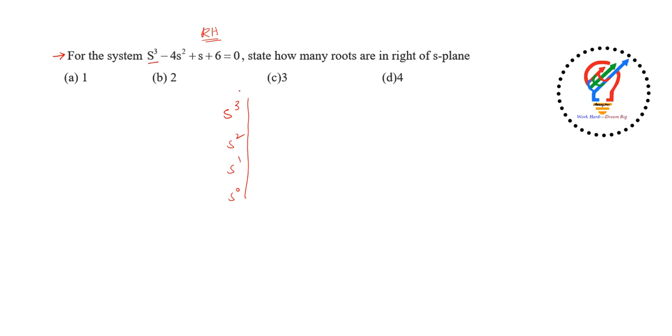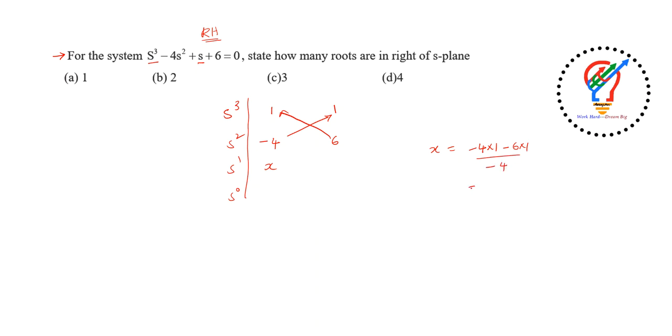So s power 3 first, I will take, so it is 1. Here we take only the odd values, and here we have minus 4, here plus 6. Now we need to do cross multiplication. For that, I'm taking some value called x. What is the value of x? X is cross multiplication of minus 4 into 1, again cross multiplication of minus 6 into 1, divided by minus 4.